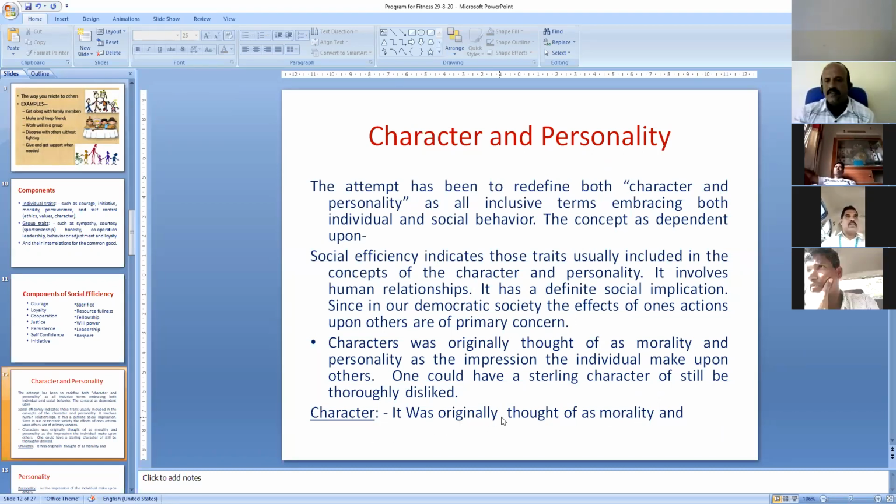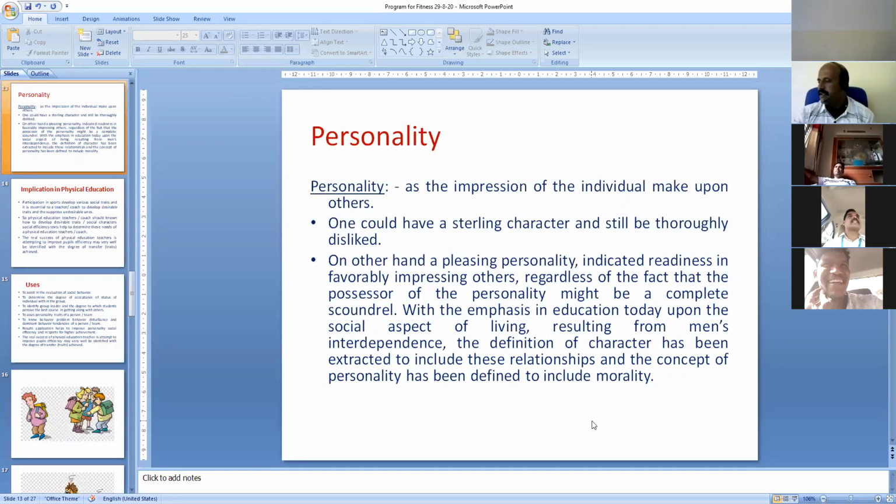Character was originally thought of as morality, and personality as the impression the individual makes upon others. The meaning you can see in the slides. See here, one line I have mentioned: one could have a sterling character and still be thoroughly disliked.